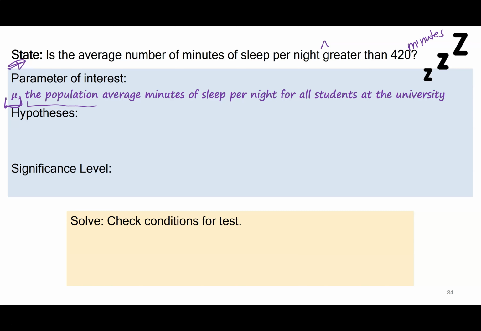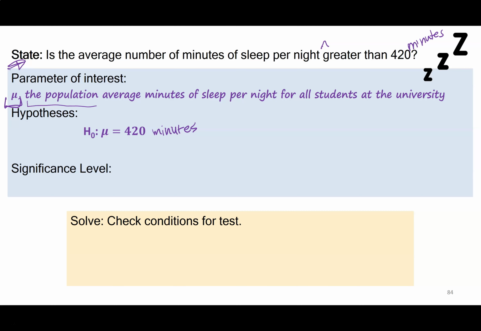So my hypotheses. Remember, the null is dull. We're going to start out saying mu is equal to the claimed value, 420 minutes. And remember, 420 minutes didn't come from my sample, it came from the National Sleep Foundation. We're going to say, you know what, it's what's claimed. Nothing interesting is happening, it's 420 minutes.